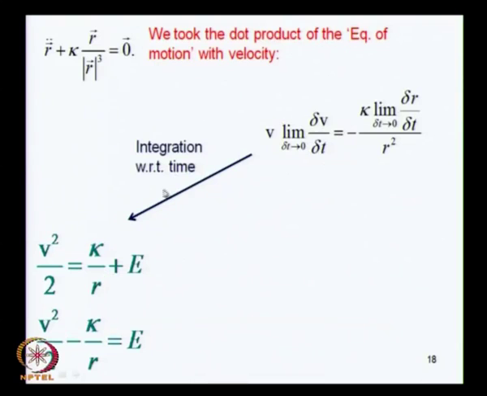I merge the two constants of integration coming from the integration of each side into a single constant of integration which I have written as E. Now this is an amazing quantity, because what you have discovered from this is the conservation of energy.